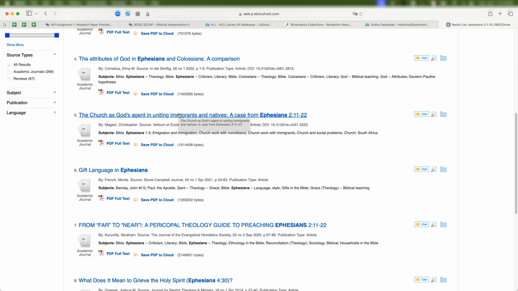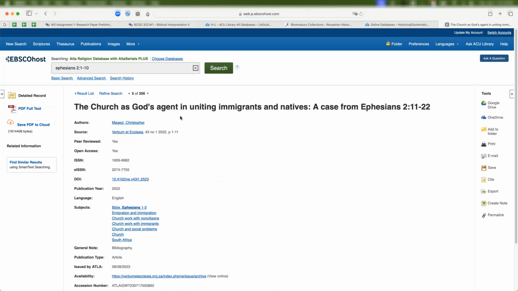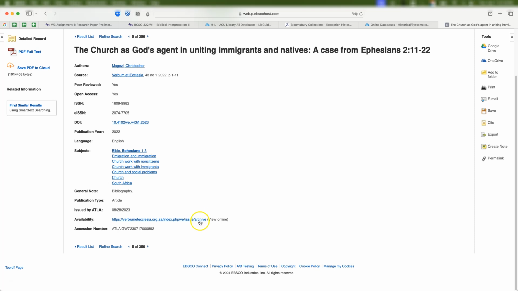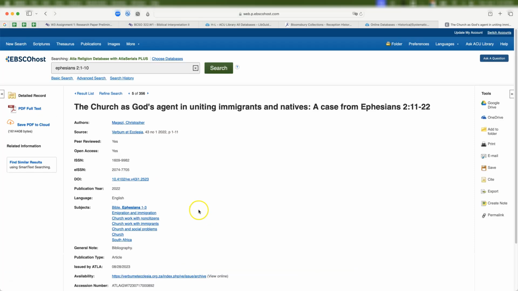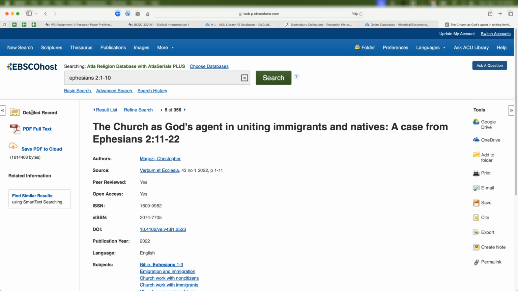What does it mean to be a people with roots in an area? That is certainly a hot topic today. Let's say you chose that one, and we type this in. We can see, all right, here's a link to access it, but also we have this handy PDF full text link here on the side.